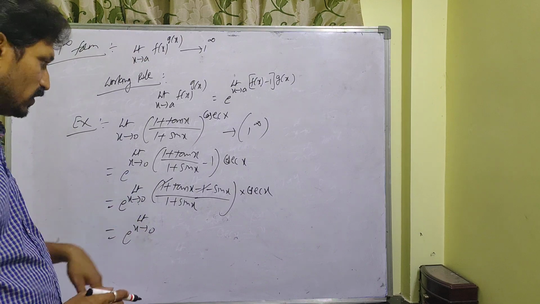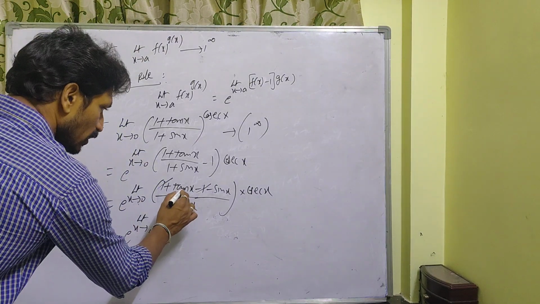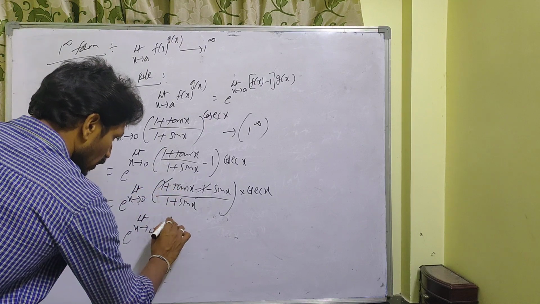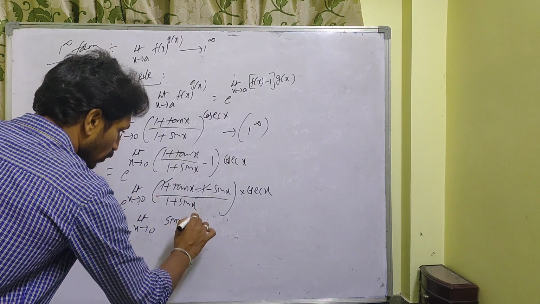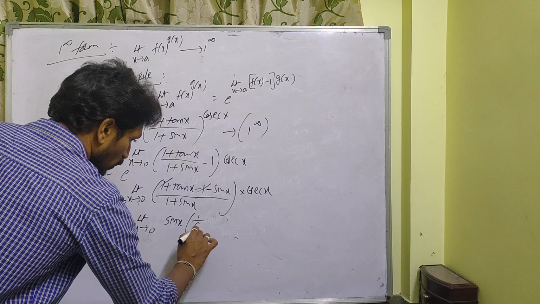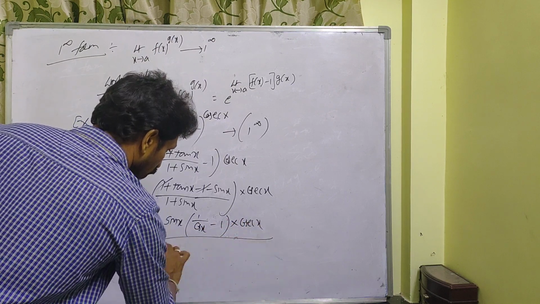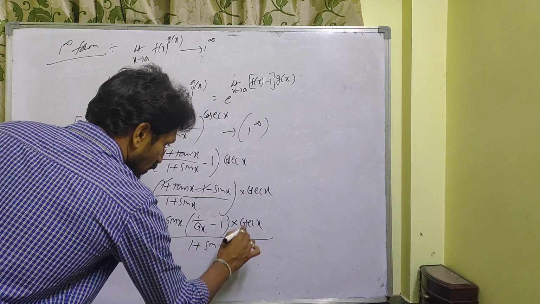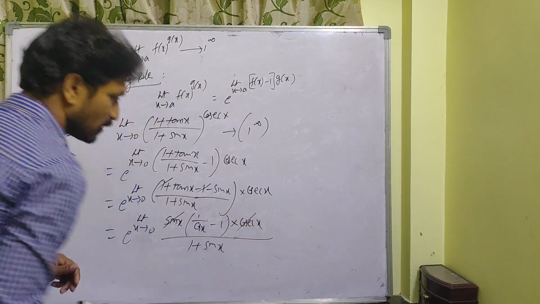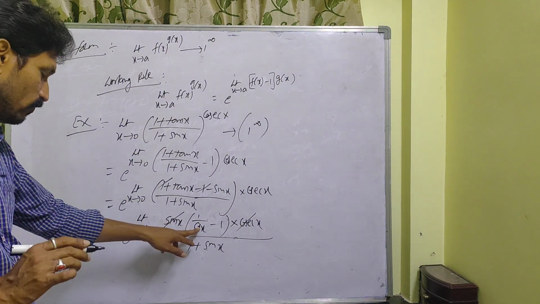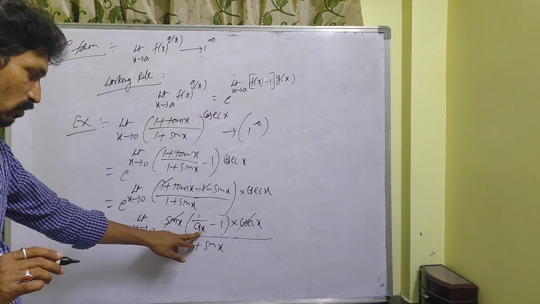How to simplify this one? See here, in this tan x, if you take sin x common, this is sin x by cos x, so you write sin x outside. Now it becomes 1 by cos x minus 1, into cosecant x by 1 plus sin x. See here, sin x into cosecant x gets cancelled. Now apply x tends to 0.